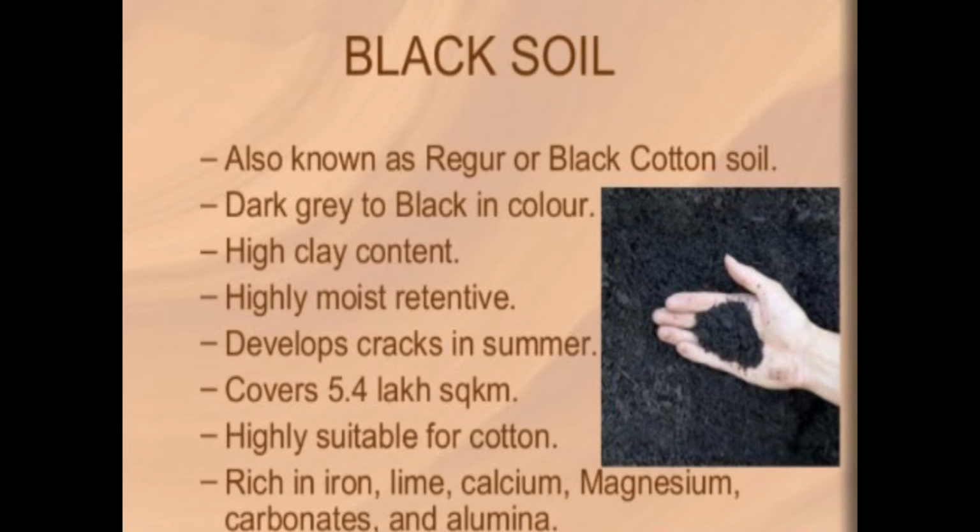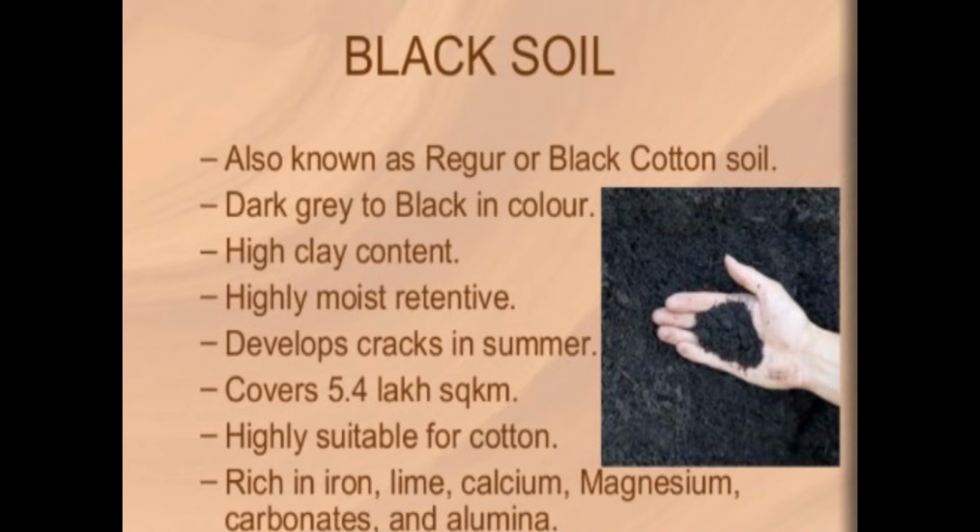It is believed that the climatic conditions, along with the parent rock material, are important factors for the formation of the black soil. This type of soil is very significantly found in the Deccan Trap region, which was of volcanic origin once upon a time.